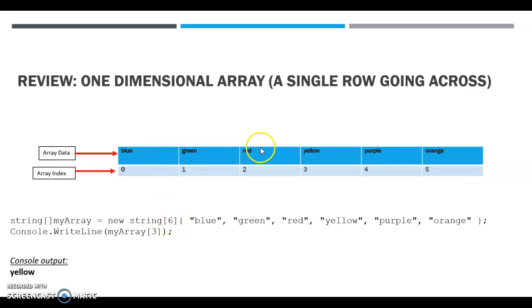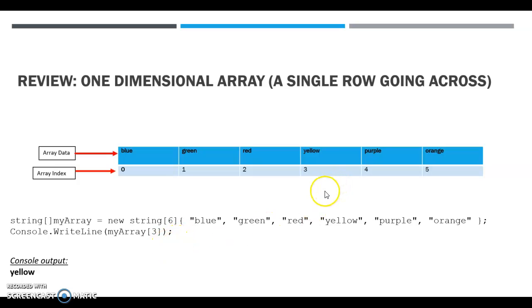So 1, 2, 3, 4, 5, 6, so 6 elements. And I also went further, and I initialized it with data. In between curly braces, I put the data values, one following the other. So they'll go into their respective boxes in the order that I put them in. So I have 1, 2, 3, 4, 5, 6 pieces of data, and there they are.